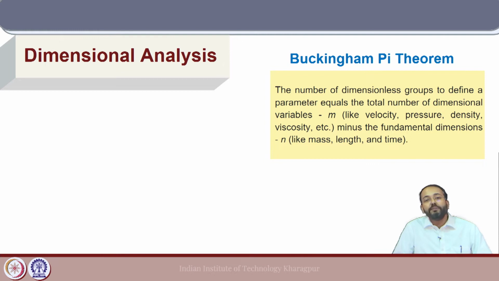Fundamental dimensions mean basically mass, length, time, which are used to define the parameter. We will see how we apply this concept in the context of the propeller thrust coefficient with an example.